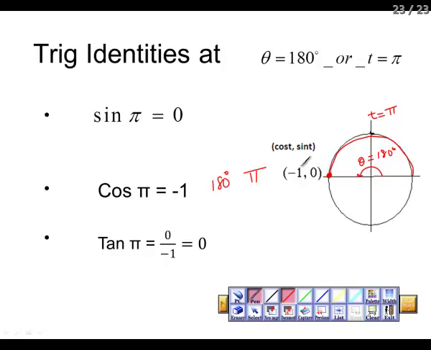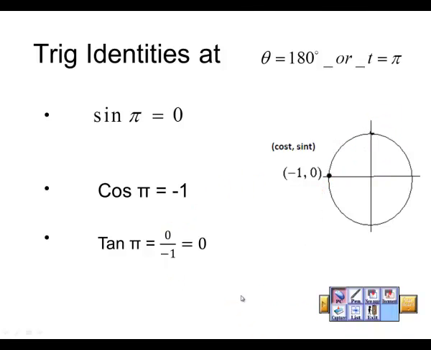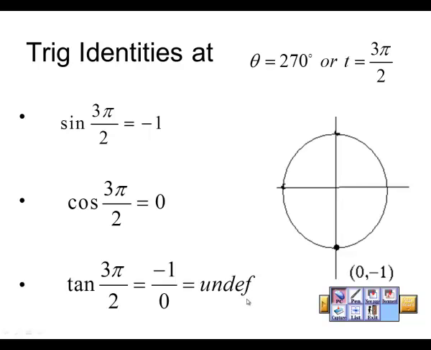So sine pi is 0, and cosine pi is negative 1. Tangent is sine pi over cosine pi, so this would be 0 over negative 1, which is 0. So cosine is negative 1, sine is 0, and tangent is also 0. Now for 270.